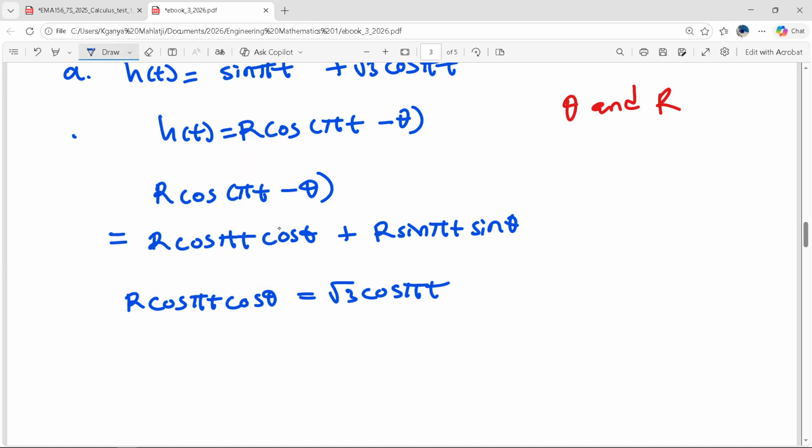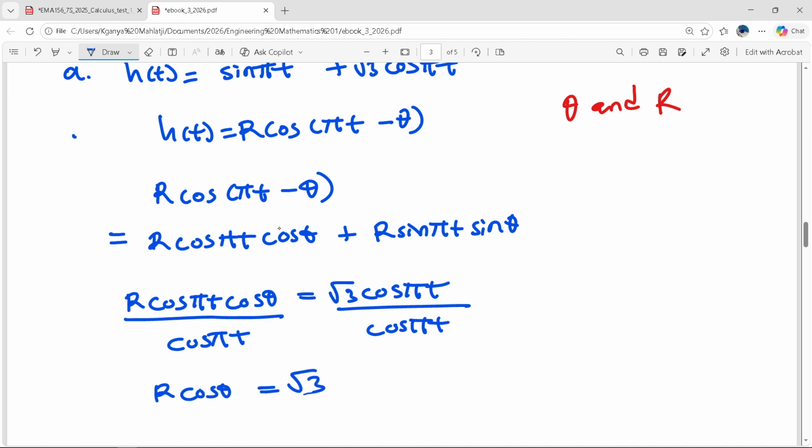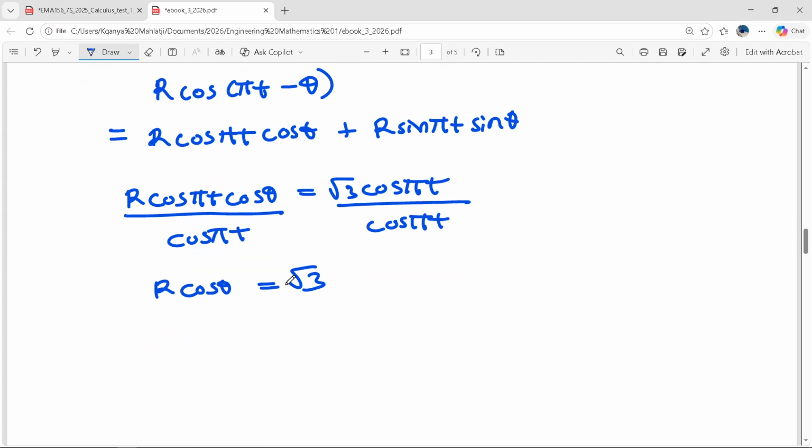Here you will divide both sides by cos pi t, because it is common, so then you will have r cos theta equal root 3. Now let's relate the second term of the expression on the right hand side.